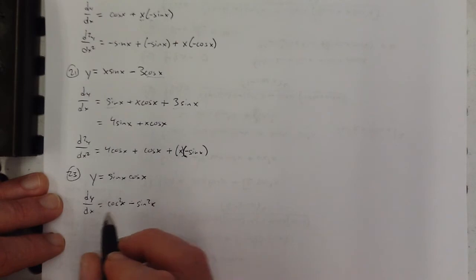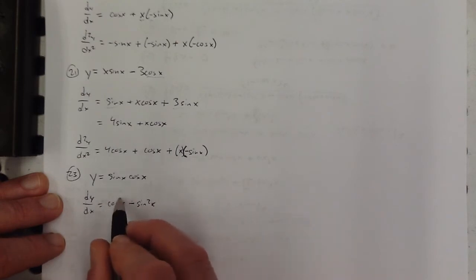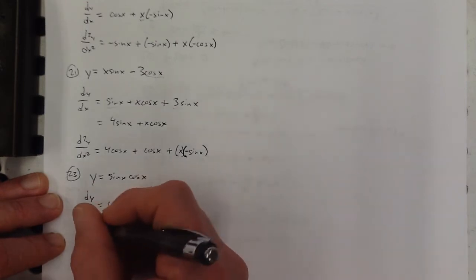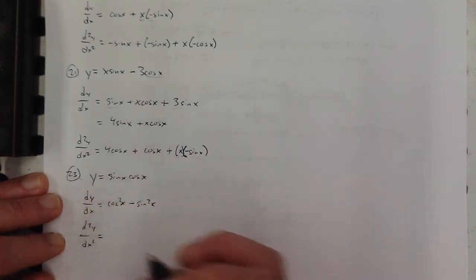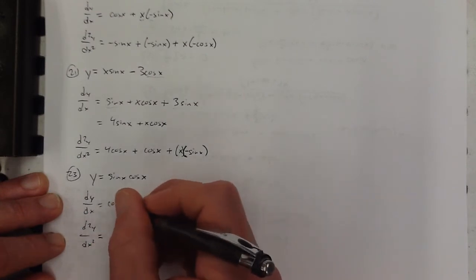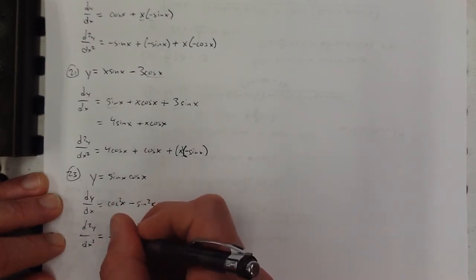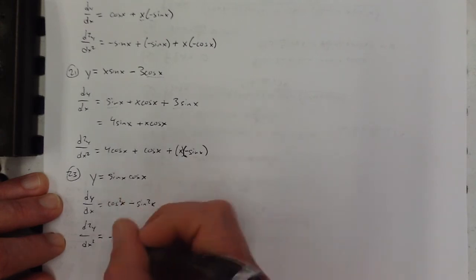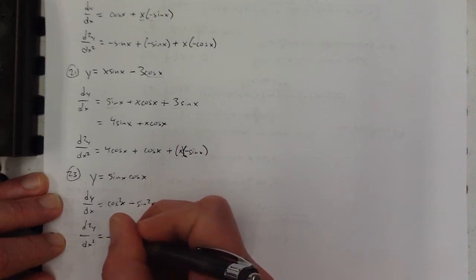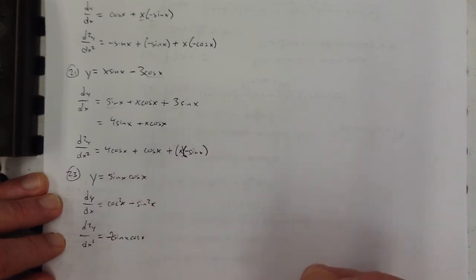Now to find the derivative of this, I have to treat these like product rules, because I don't know how to do composite function derivatives yet. So that's cosine cosine. So the derivative of the first would be negative sine times the second, which is cosine x, and then that's going to happen twice because the first and the second are the same, so I'll squeeze a 2 in there.